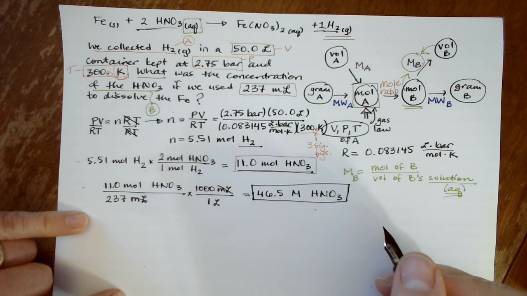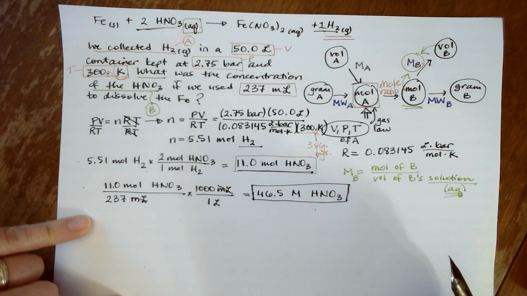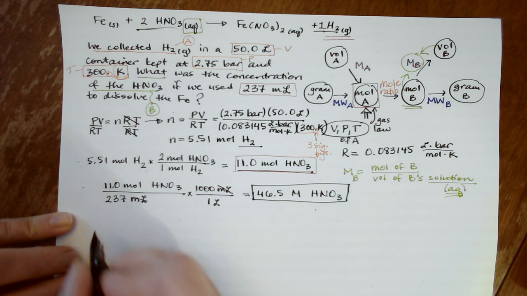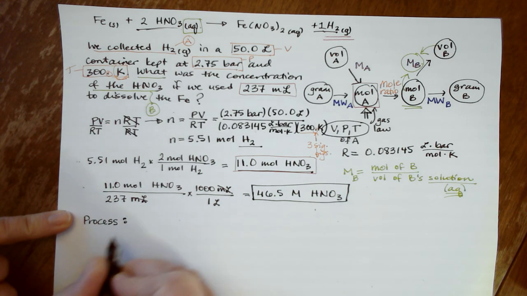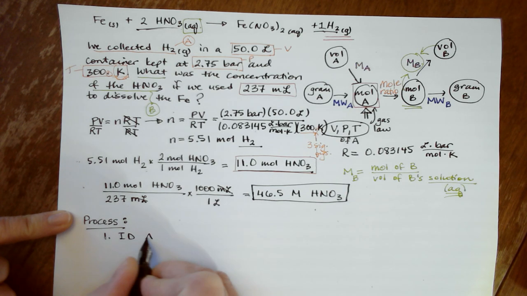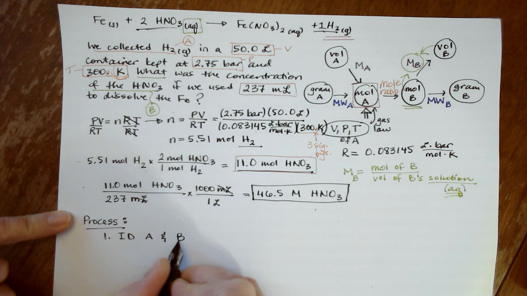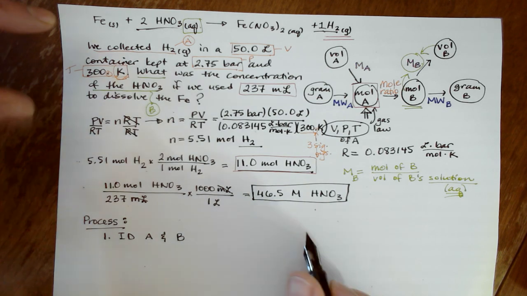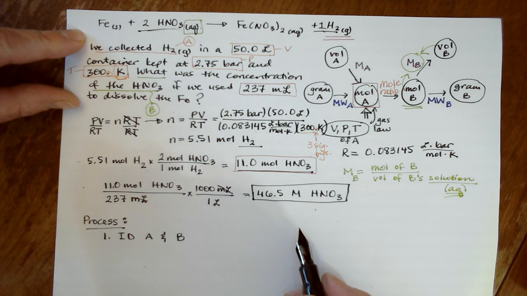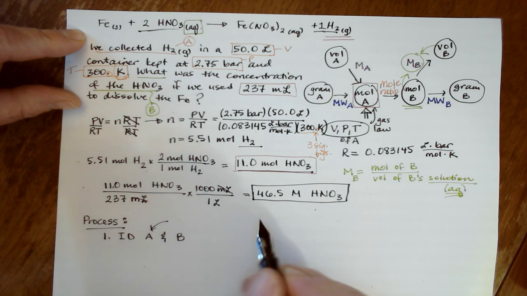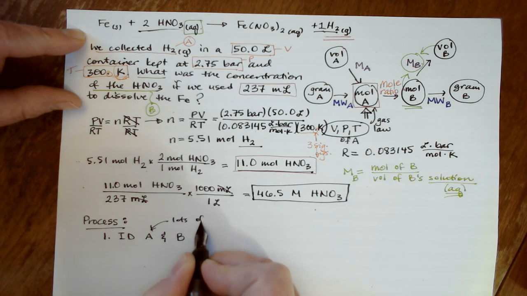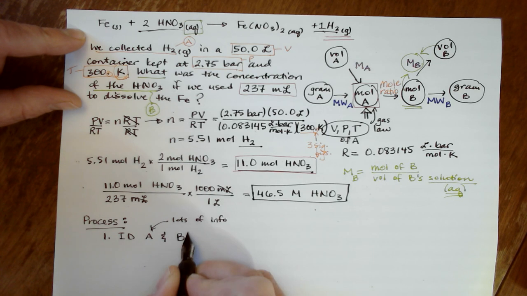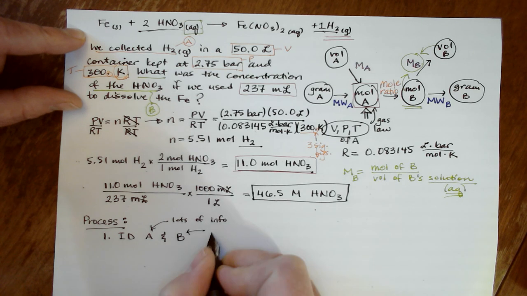Okay? So just to quickly review, what we did here for our process was we identify the A and the B, and we do this by looking at the original problem and seeing that the A is the step where we have lots of information, and the B is the thing where we are asking about it.